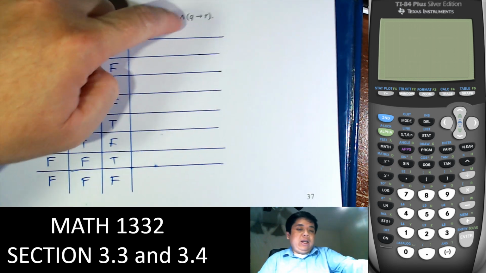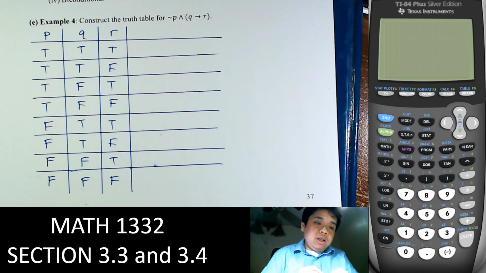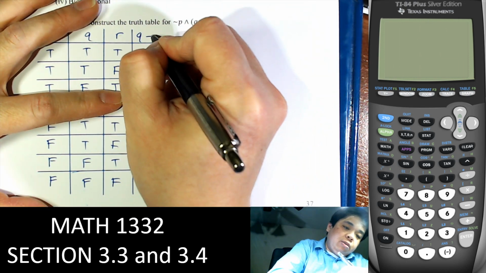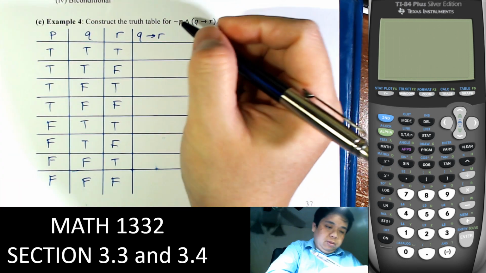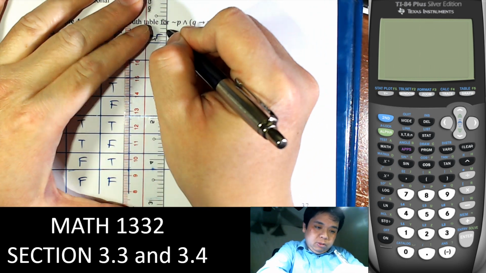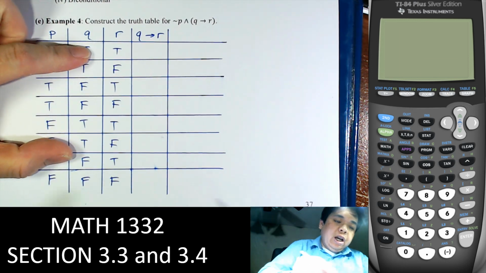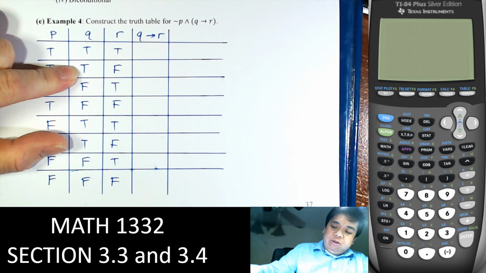Right, now we construct the tables. First, we see inside the parentheses is Q implies R. Q implies R is only false if we have a true implying false.